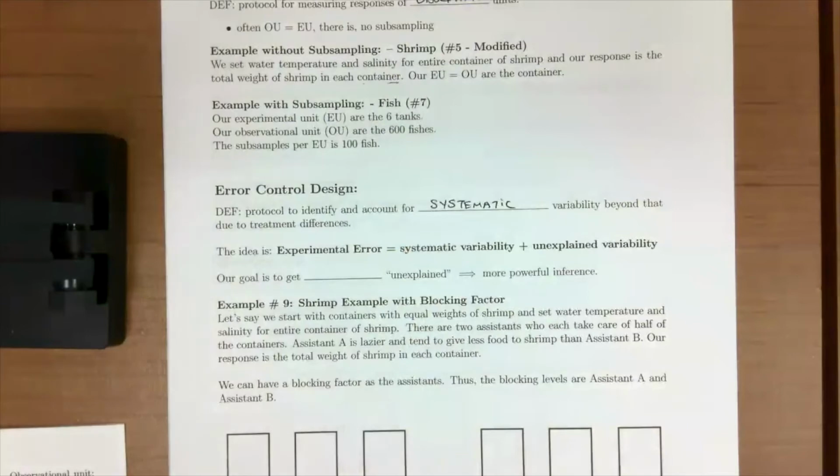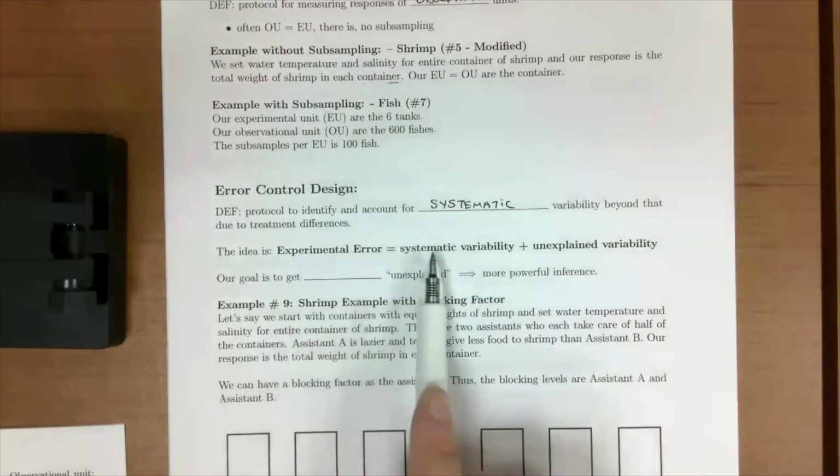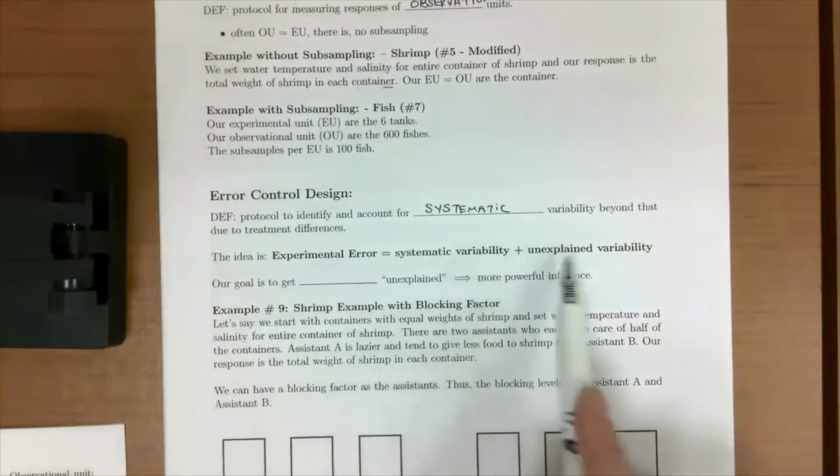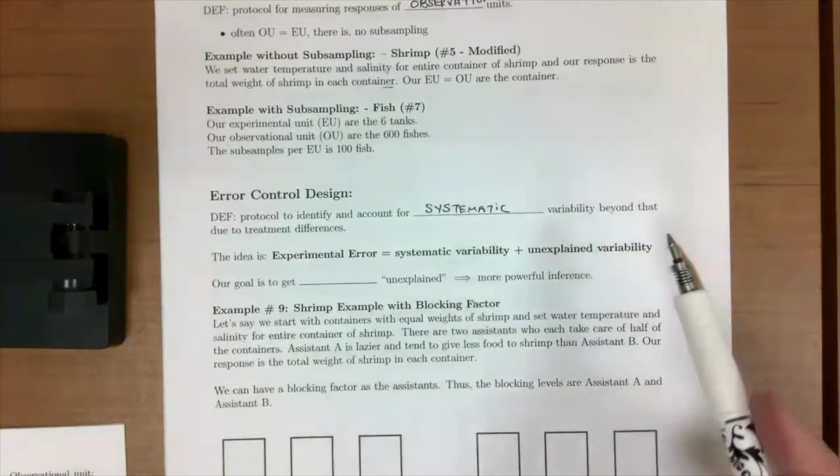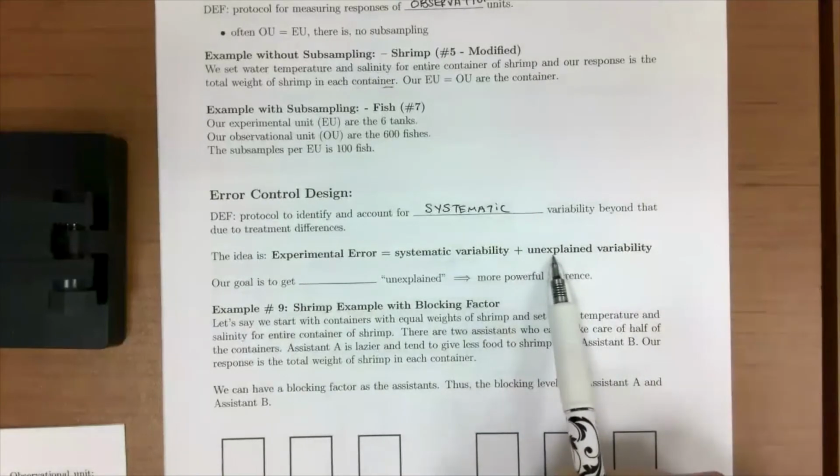We want to explain the phenomena that we're looking at. Thus, the idea is that everything is an error. And then we start out by trying to break up the experimental error into what we call systematic variability and unexplained variability. And our goal is to reduce the unexplained variability.